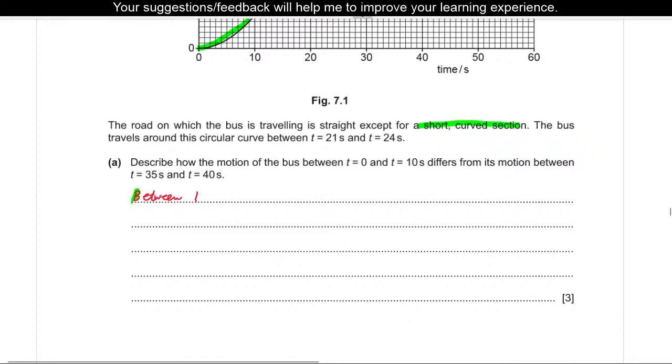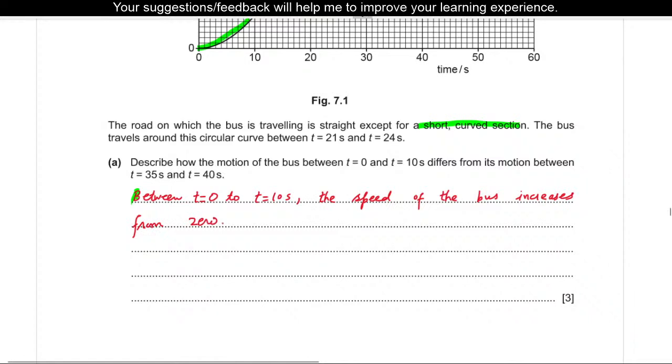Between time 0 to t = 10 seconds, the speed of the bus increases from 0.